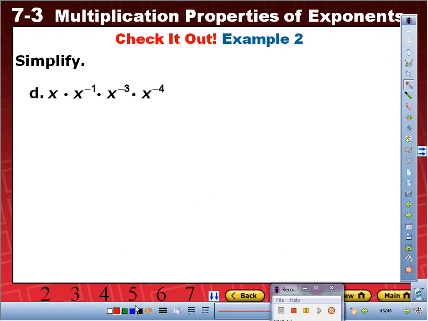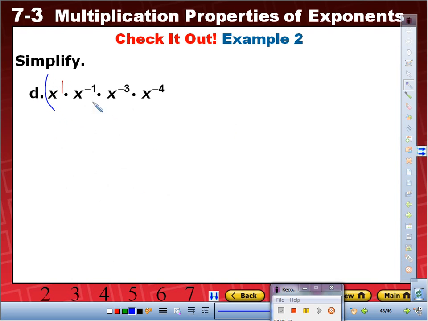Okay, let's solve it. Simplify it. Sorry. Go. So use the appropriate property. The appropriate property that we're on is the product of powers, right? Okay. So then what do I do? X to the power of 1 and x to the power of negative 1.